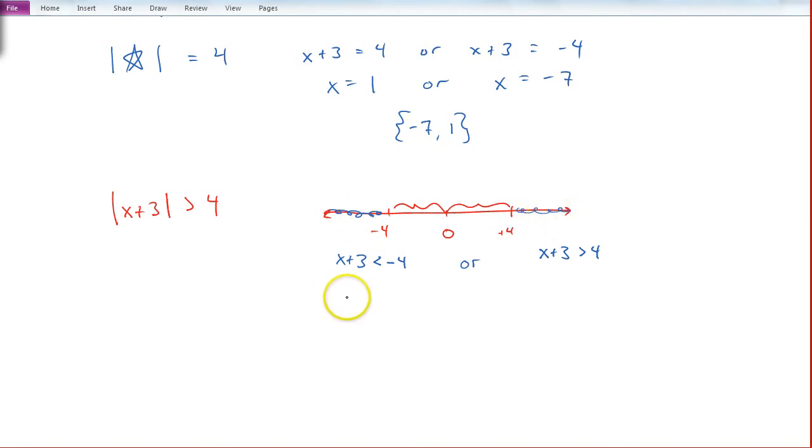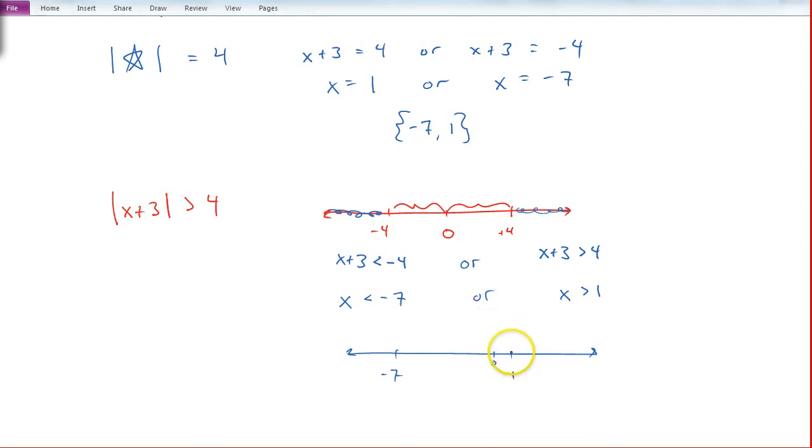So if you solve these equations independently, you get x is less than negative 7, or x is greater than 1. Sorry, greater than 1. Now, this is a graph of what x plus 3 can be. This is a graph of what x can be. Negative 7, 1, and 0 is like here.